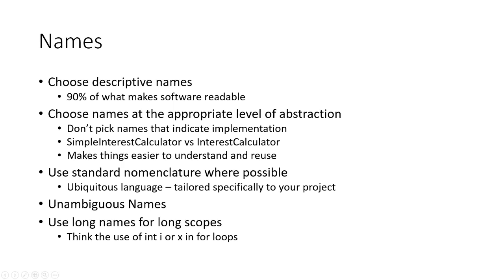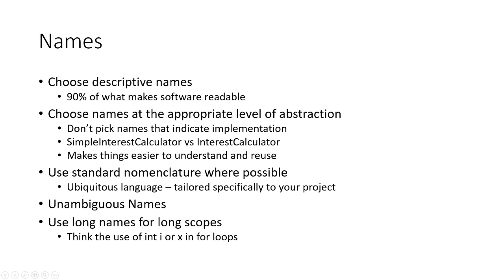Don't use ambiguous names. Make sure the function or the main usage of whatever you're naming is clear within the name. Use long names for long scopes, and short names for short scopes. Think about this in the context of for loops. When you write out an iterative for loop and you do the initializer, the limit, and then the incrementer, you know how you use int i equals 0 to depict, okay, we're starting at index 0. That's a good use of a name for that scope because it's such a small scope.